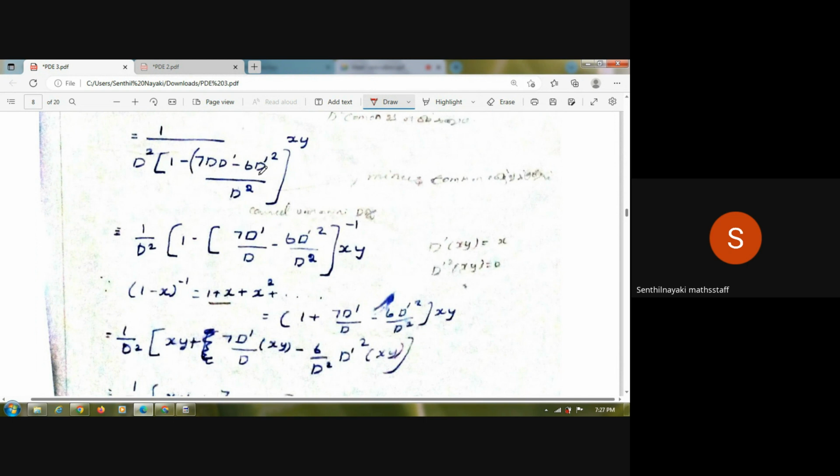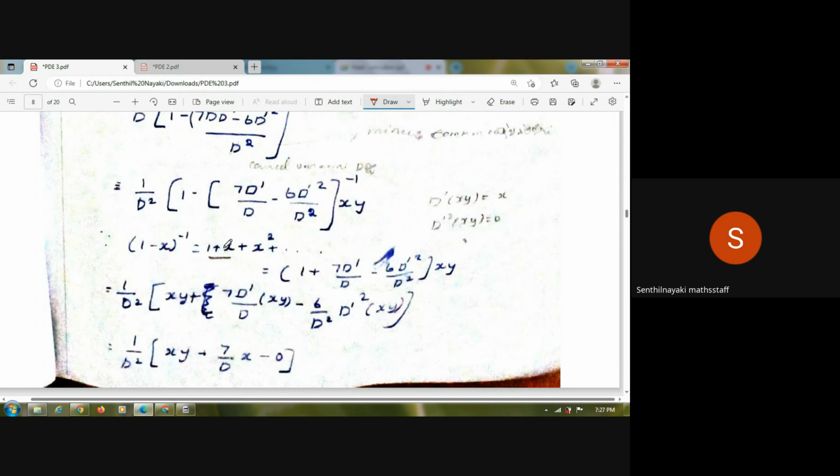Taking this term into the numerator, the power will be minus 1 into xy. So we use the first formula, 1 minus x whole power minus 1, which gives 1 plus x square. So we have to differentiate this term.